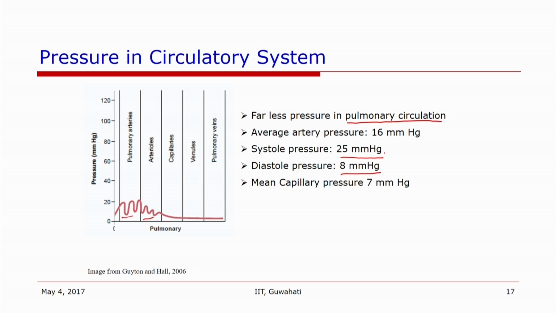The systole pressure is only 25 mmHg and diastole is 8 mmHg, as compared to 120/80 in the systemic circulation. You might remember that the pulmonary circulation is the blood supply to the lung. You need only 25 and 8 mmHg systole and diastole pressure, whereas for the peripheral circulation the pressure requirement is high, 120 to 80 mmHg.